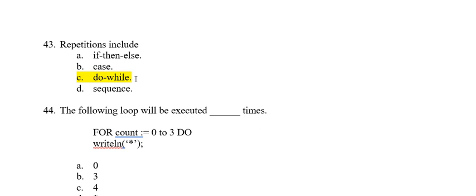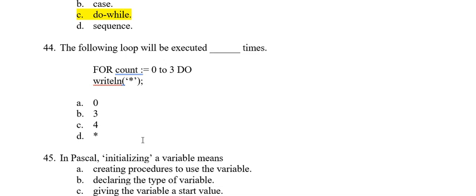Sorry. Okay. Number 44. A simple program here. The following loop will be executed how many times? For count 0 to 3. So the loop will be if you count from 0 to 3.